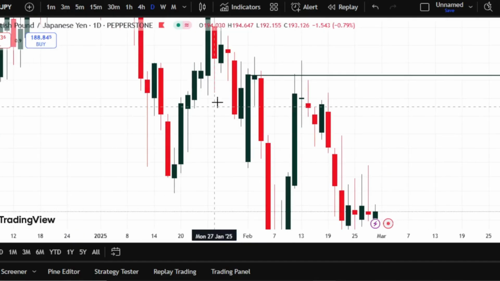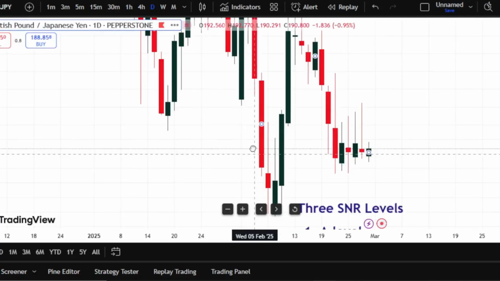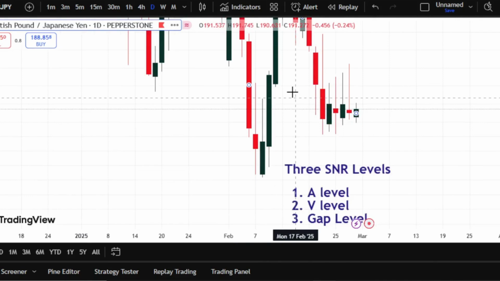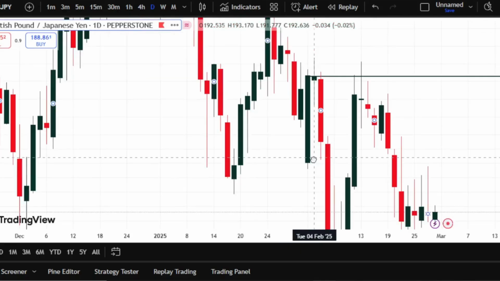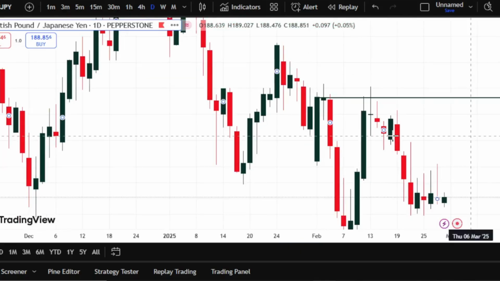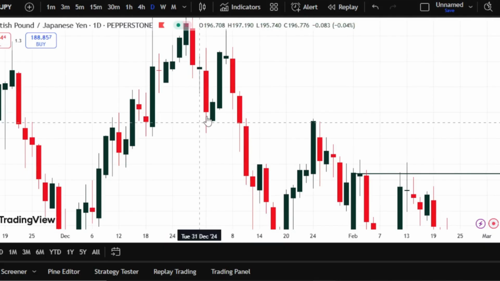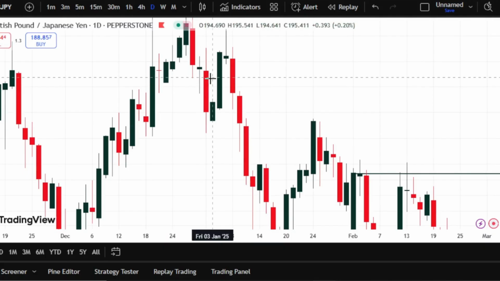So let's now go to the second one, which is the V level. The V level is always at the support. And of course, support is formed when the bull candle follows immediately after the bearish candle.